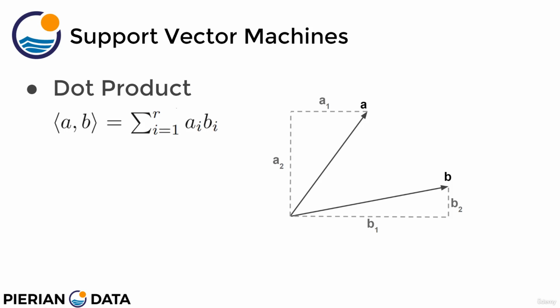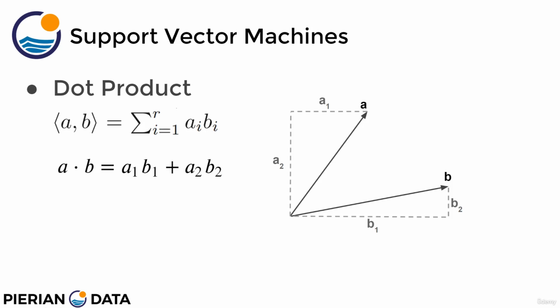Then you can imagine that as we move on to three-dimensional vectors, four-dimensional vectors, etc., there will be subcomponents for each of those dimensions. And for the dot product, that would mean, in this particular case, the inner product or dot product between A and B would just be the sum of each of those subcomponents multiplied together.